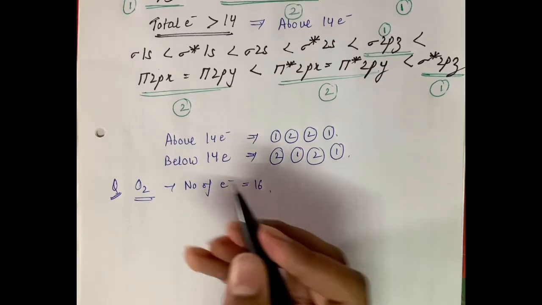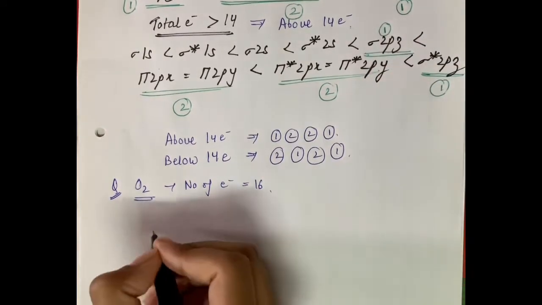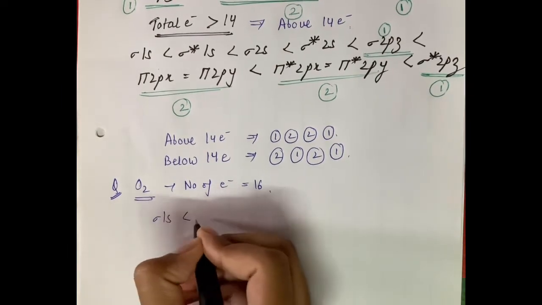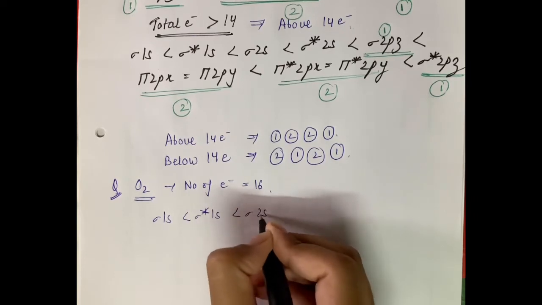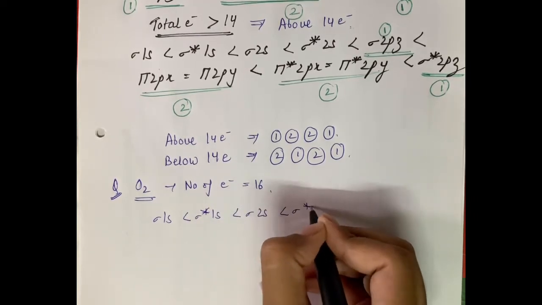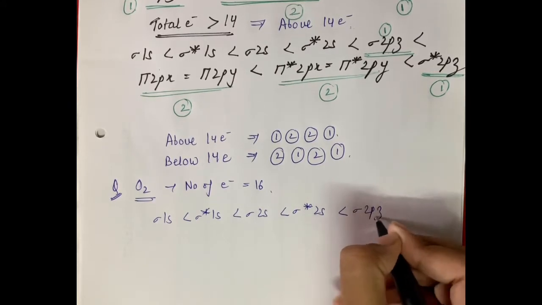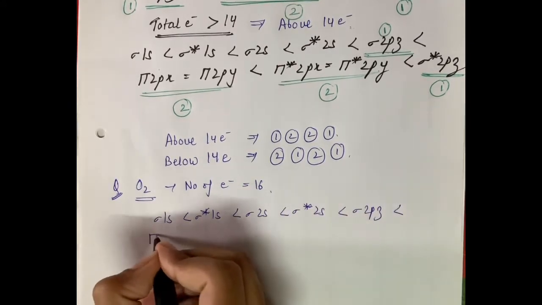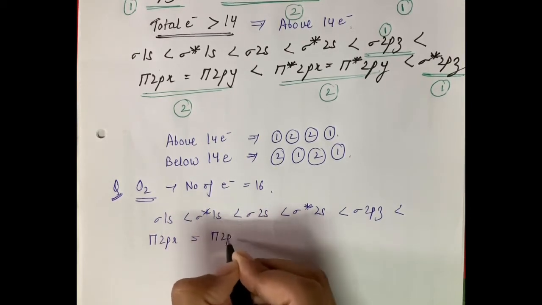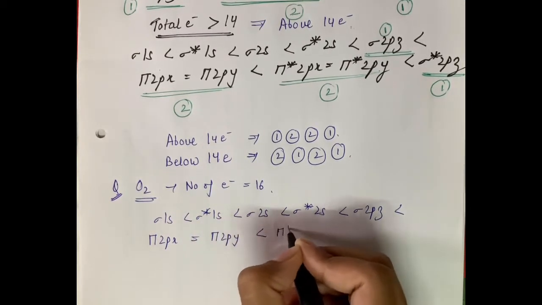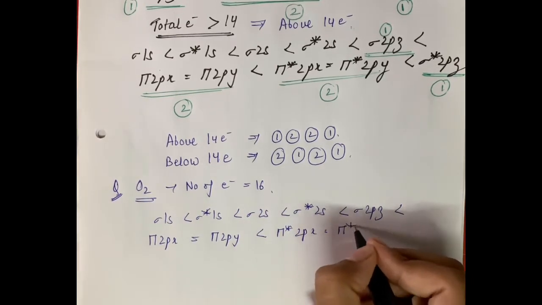So now let's move ahead and find the bond order of O2. Since the total number of electrons is 16, which is more than 14, the order of filling electrons will be sigma 1s, sigma star 1s, sigma 2s, sigma star 2s, sigma 2pz, pi 2px equals pi 2py, pi star 2px equals pi star 2py, and then at last sigma star 2pz.